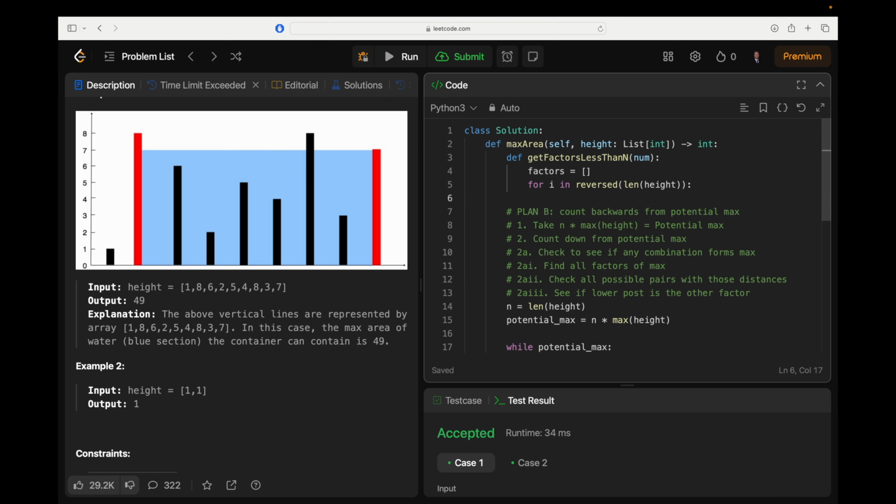Okay. For i in reversed length of height, if num modulo i equals 0.